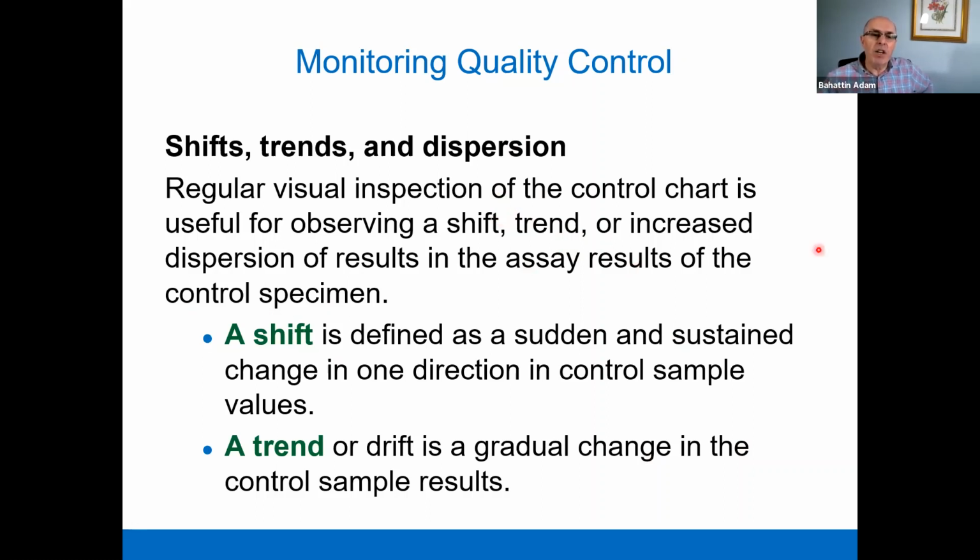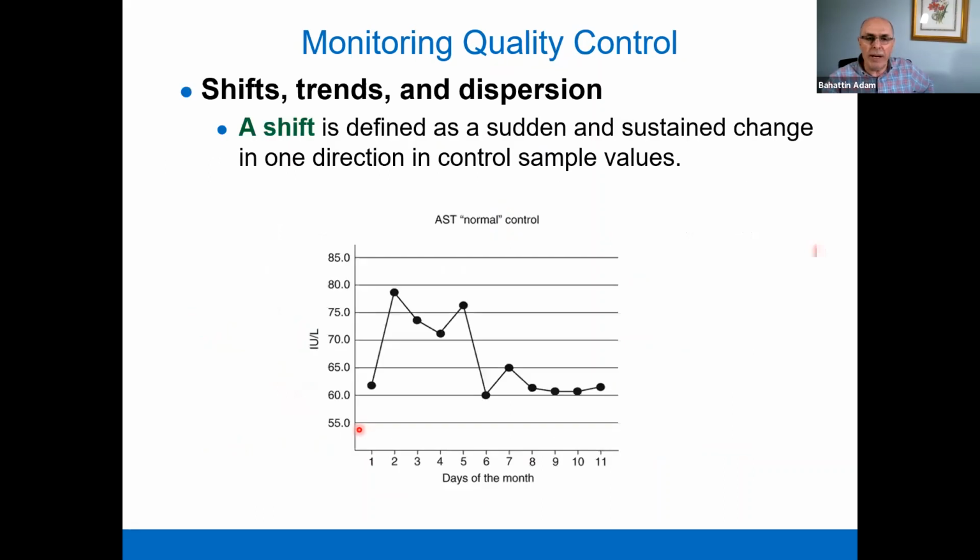Now, what do shift and trend mean? Now I'm going to show you with a graph. Okay, a shift is defined as a sudden and sustained change in one direction of control samples. Now you are measuring the amount of enzymes as a control sample.